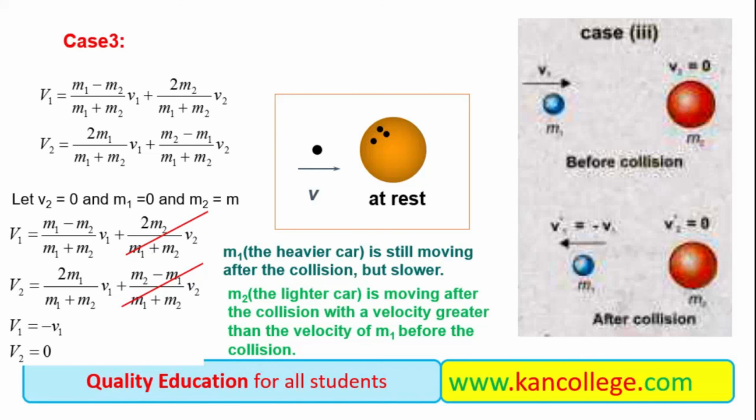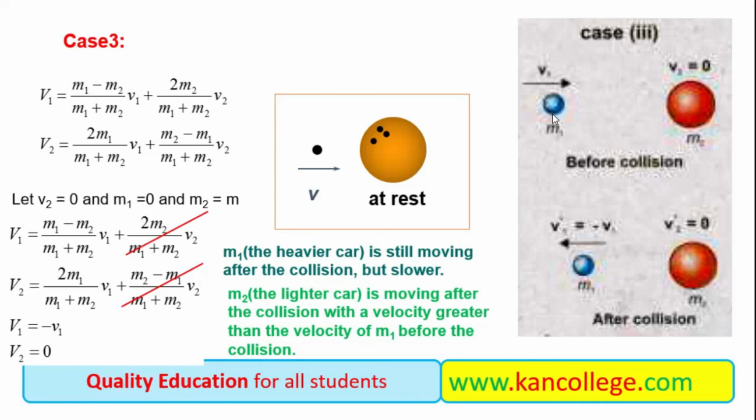Case 3. In this case, we take the second ball is at rest and it is a very heavy mass as compared to the first one. m2 is very much greater than m1, and the heavy mass is at rest, and m1 is a very lighter ball.